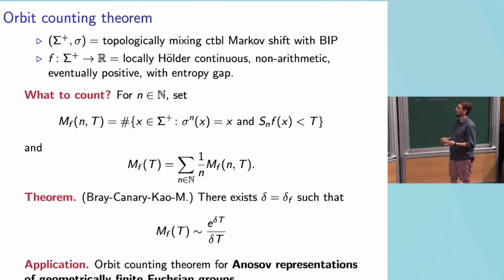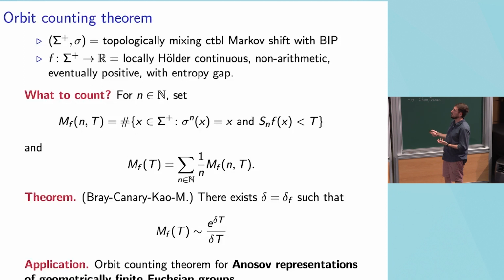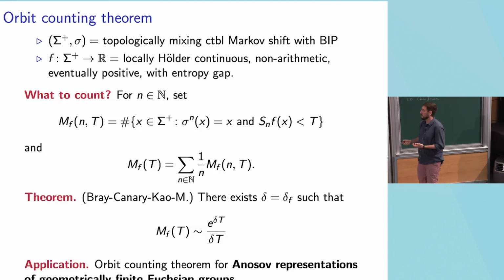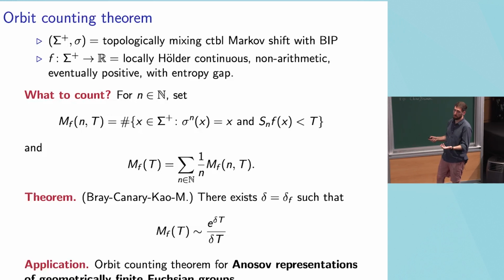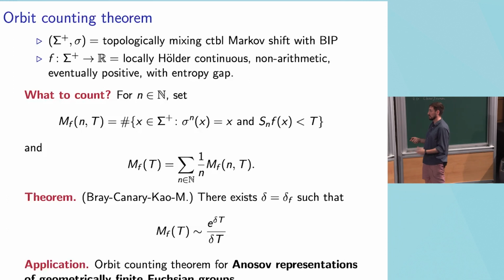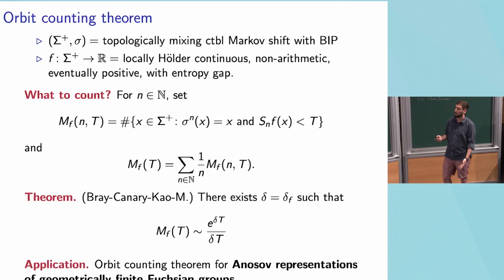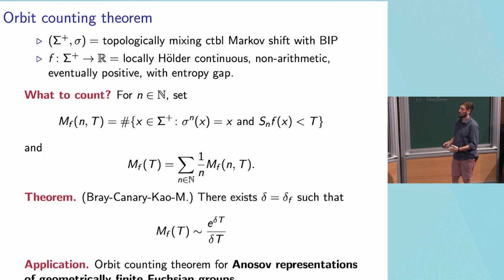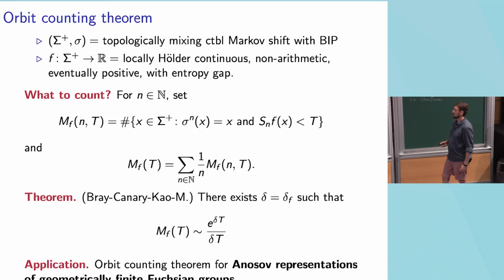And then the theorem is that there exists some number delta so that this counting of periodic words grows like e to the delta t over delta t. And the application is an Orbit counting theorem, not just for Cusped Hitchin representations, but for all Anosov representations of geometrically finite Fuchsian groups. So it's a little bit more general, but Cusped Hitchin is enough.